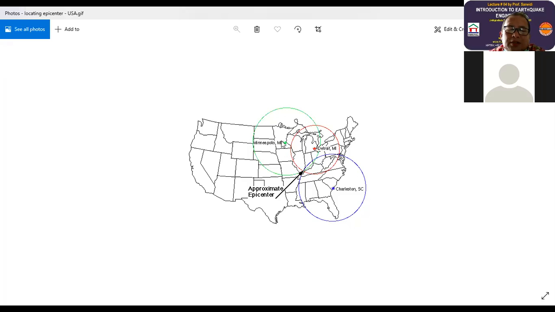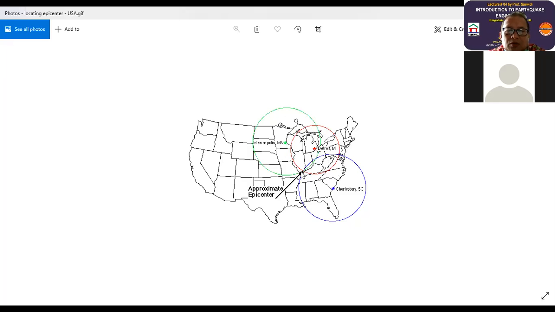What we actually need is a minimum of 3 seismograph recordings. With only 2, we still have 2 possibilities of the earthquake position. Only 1 is very difficult because it is an infinite number of places.